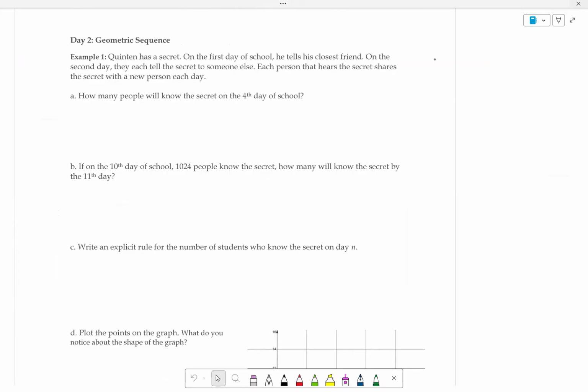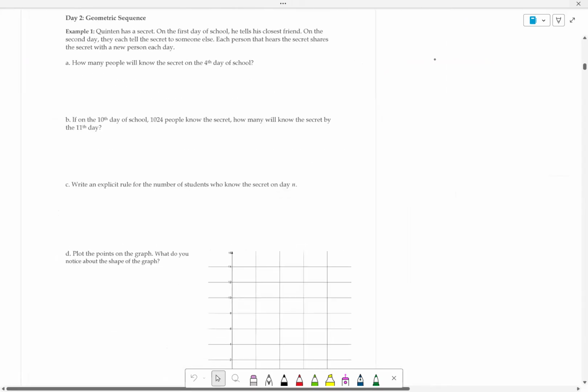Take a minute to look at A, B, and see if you could do the whole thing. Make sure you're getting the same thing your neighbor did for number 1A.